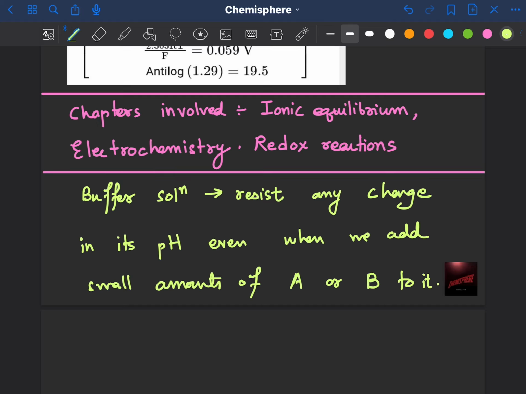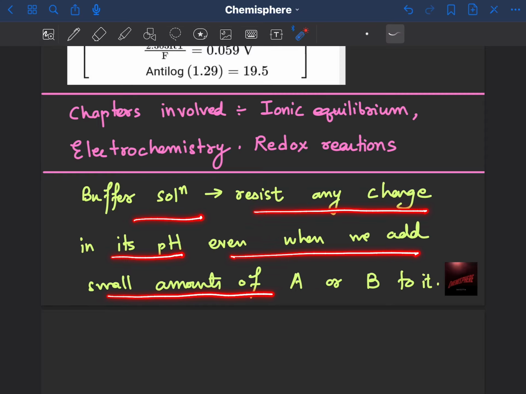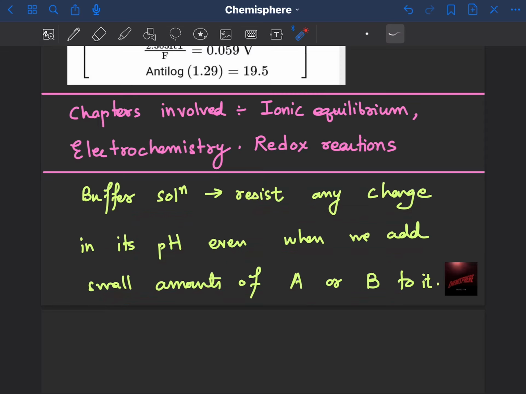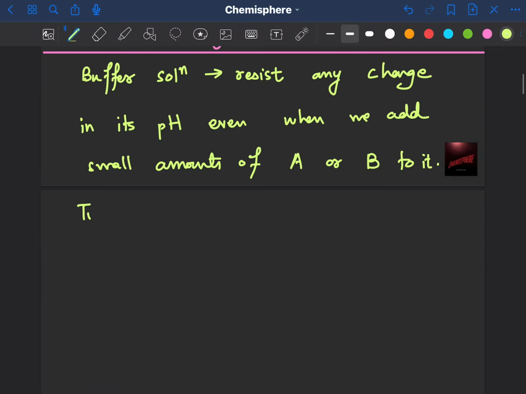So it is a kind of solution which resists any change in its pH even when we add small amounts of acid or base to it. There are two types of buffer solutions.